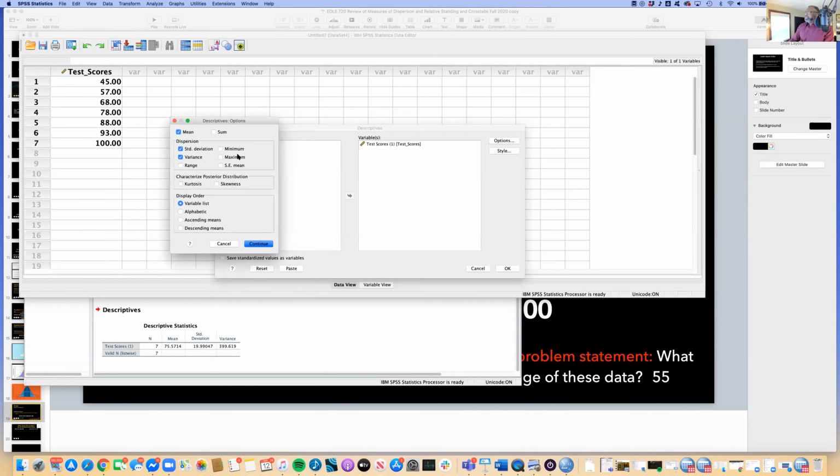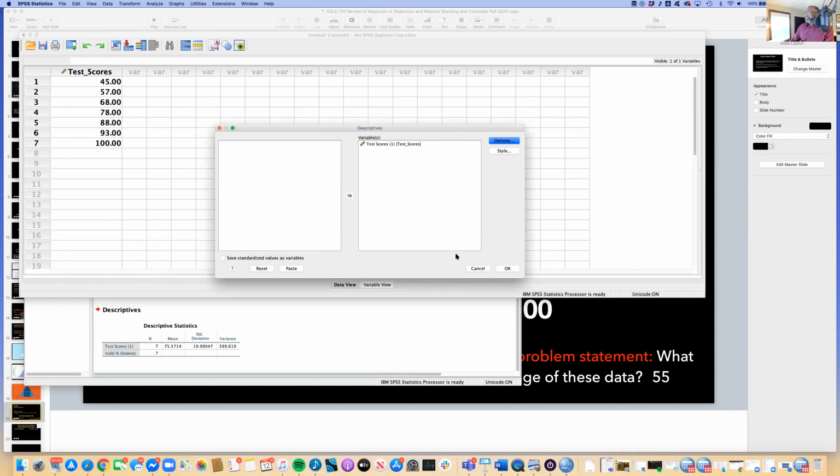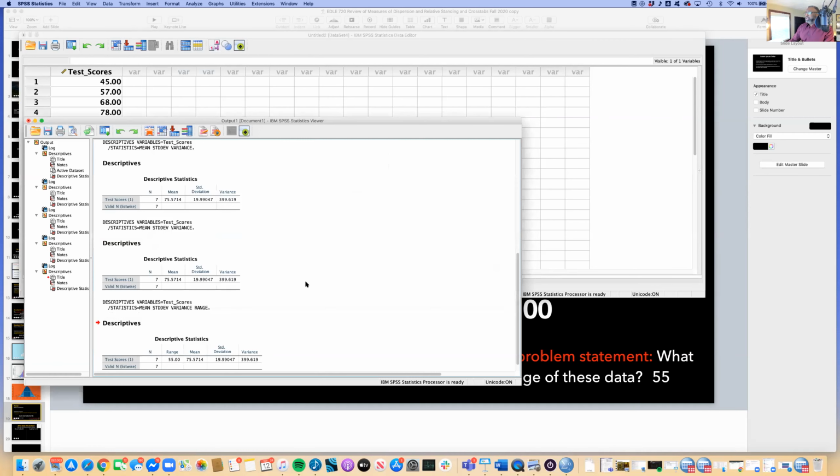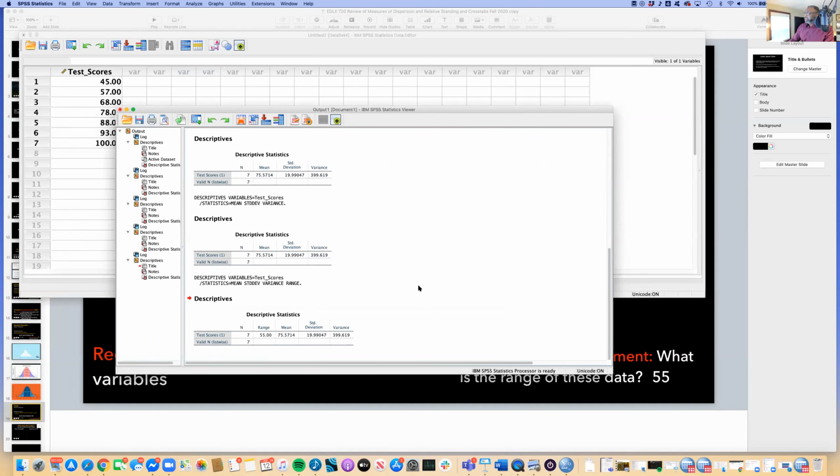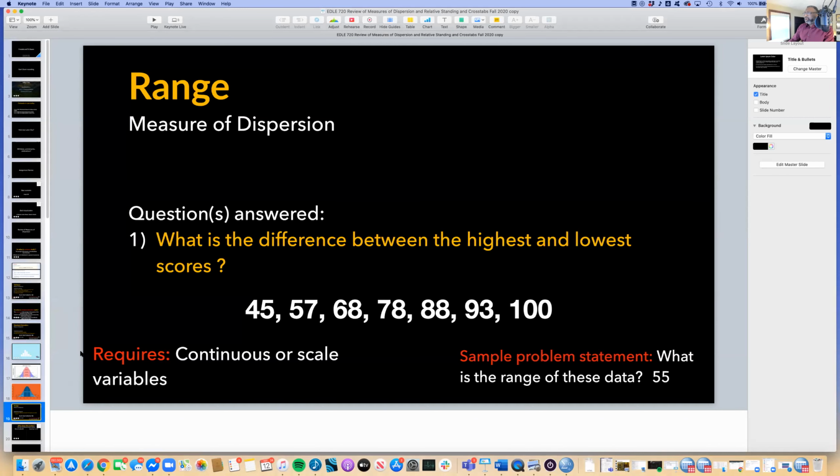We'll go to options and you'll see the checkbox for range. You'll click range, continue, okay. And it will show you that Maurice indeed is very good at math. And it is 55.